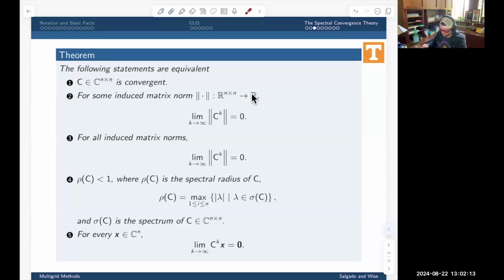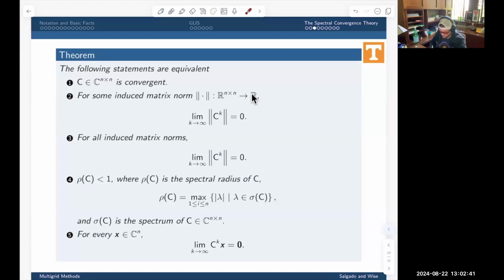My notation for the spectrum of a matrix is sigma(C). That's just the spectrum of a matrix, the set of all eigenvalues. So we're taking the maximum in modulus over the set of all eigenvalues, and that's what we call the spectral radius. That should be strictly less than 1.